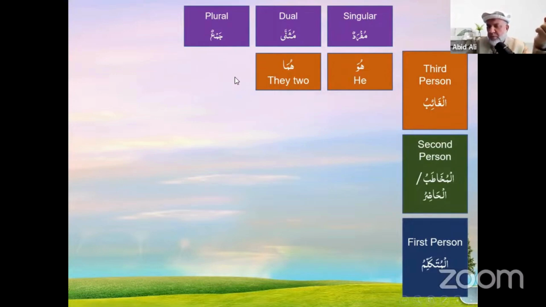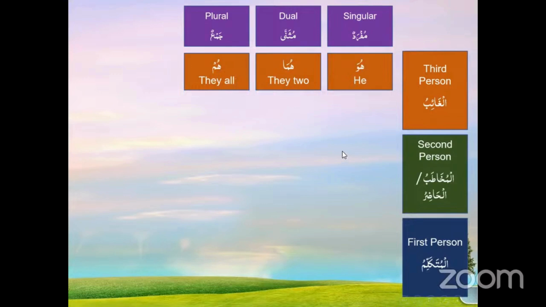Jama means more than 2. What is a dual? 2 only, right? And the jama is more than 2. So the word for he in Arabic is huwa. And the word for 2 men, when you're referring to them in third person, is huma. And what do you call them when there are more than 2?